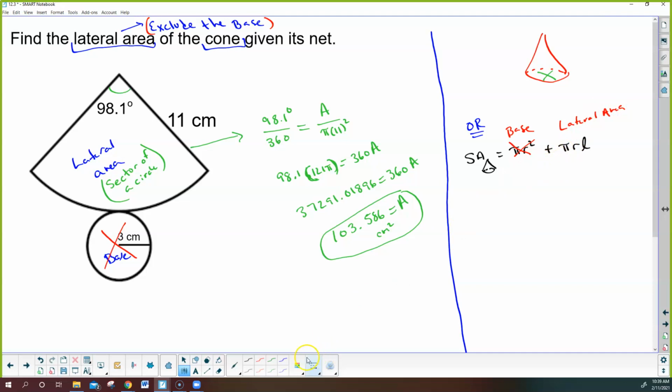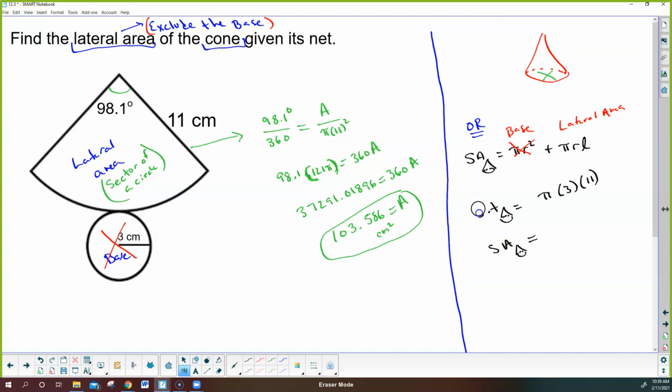Well, knowing how this formula works, if I take pi times the radius, now this would be the radius of the cone, which is 3, times the slant height, which is 11, that should get me very, very close.